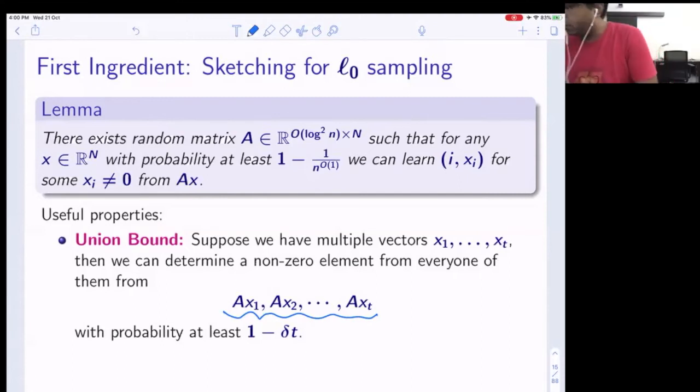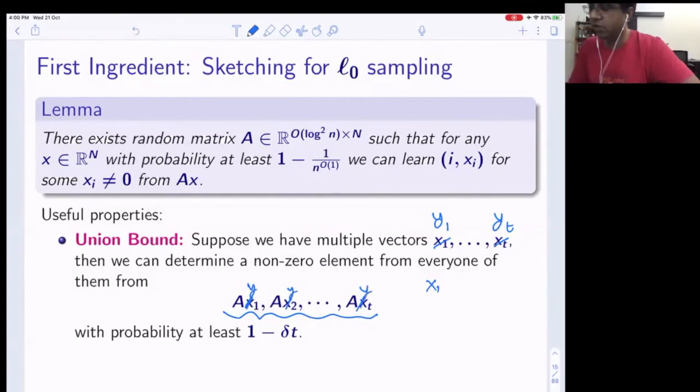I should not have used x1 to xt; I have T vectors, say y1 to yt, and what you store is Ay1, Ay2, ..., Ayt, the sketches.